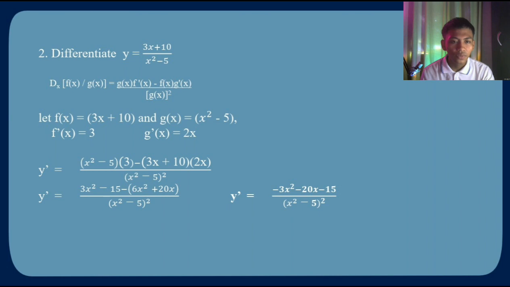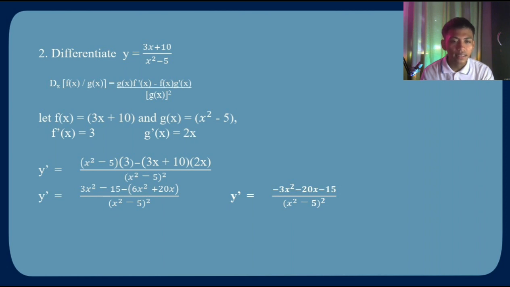First, we copy the value of g of x, which is x squared minus 5, and then the derivative of f of x, which is 3, then f of x, which is 3x plus 10, and the derivative of g of x is 2x.